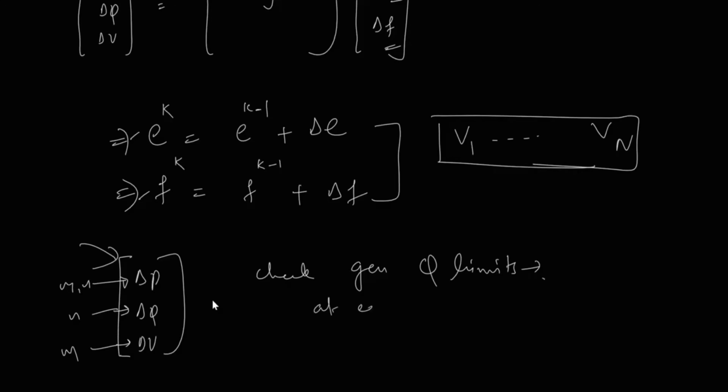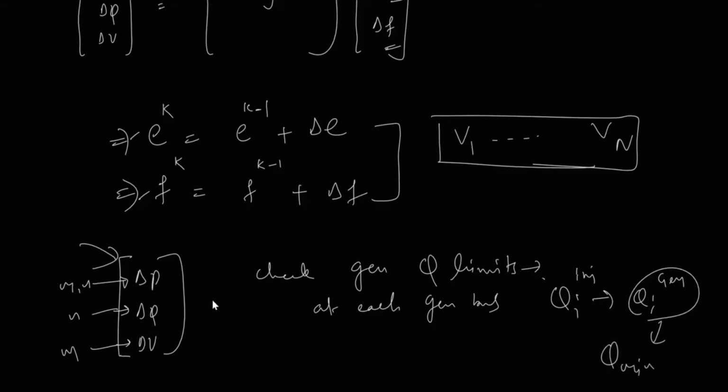At each generator bus, calculate the QI injections and then the QIG generation, and compare with the minimum and maximum. If any bus is violating this limit, then treat that bus as a load bus and redefine the new bus types.